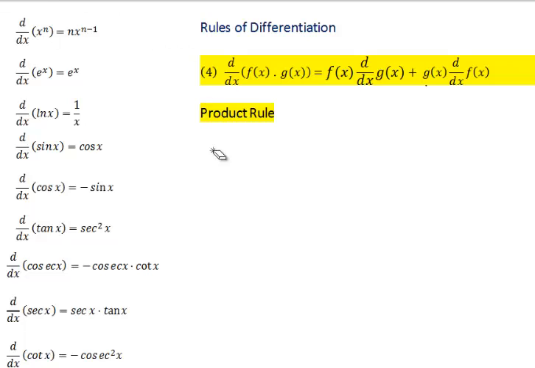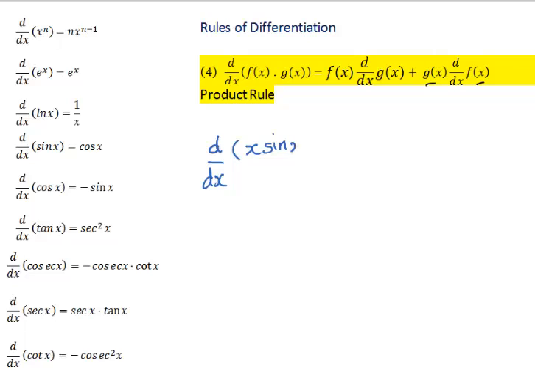For example, suppose we have to differentiate a function which is x sin x. Then we can write it as, after identifying this is our first function, this is our second function, x into differentiation of sin x using this rule plus sin x into differentiation of x.